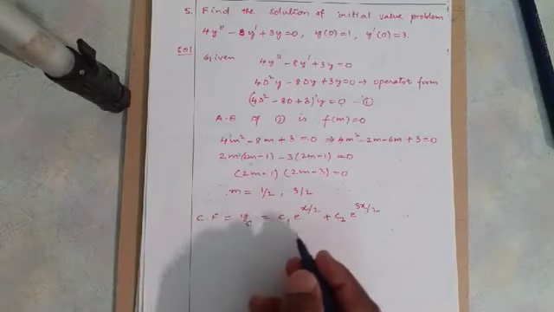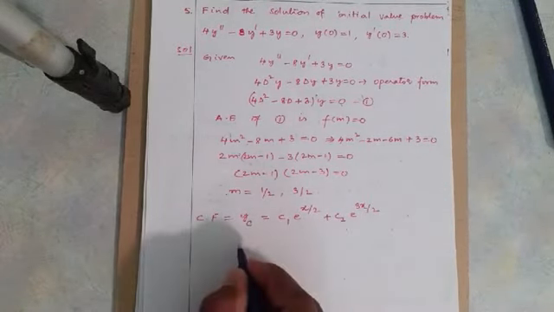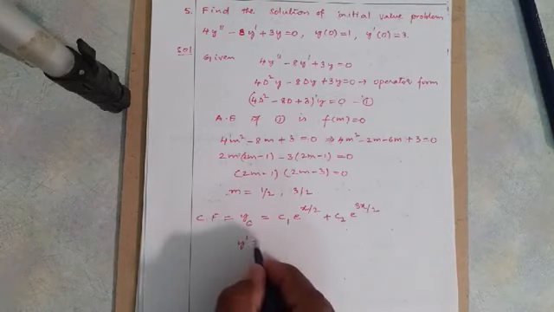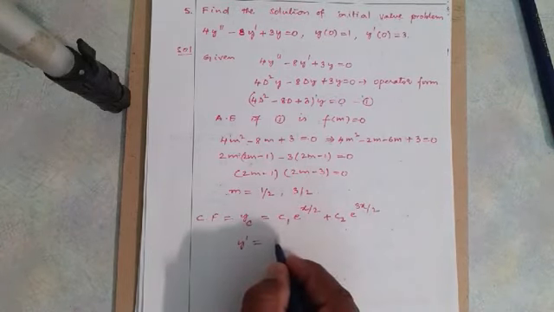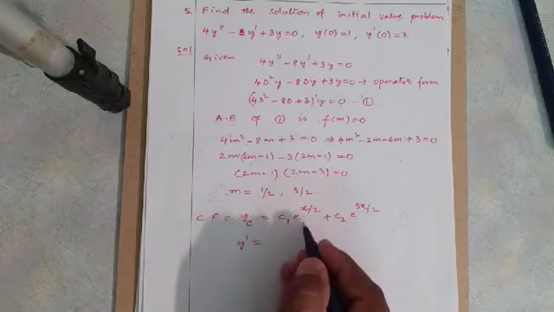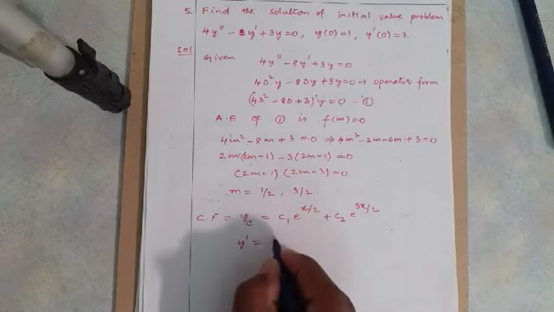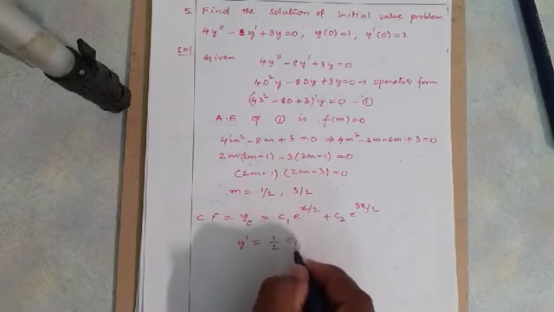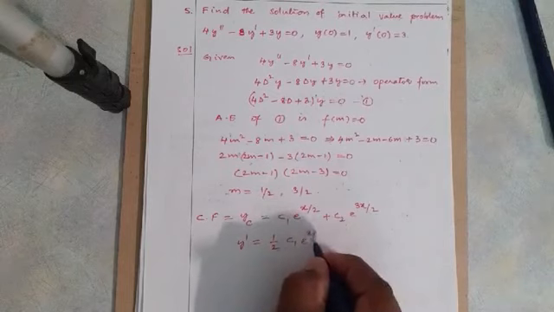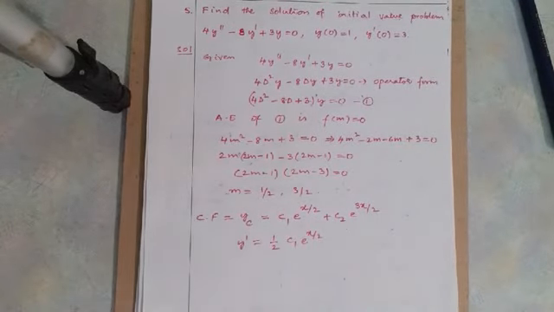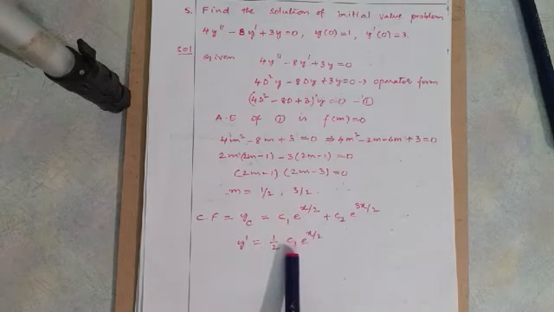Now after getting the complementary function, we differentiate this. So if you differentiate, this becomes y' = (1/2) c1 e^(x/2). Here c1 is constant, so I am writing c1 as it is.